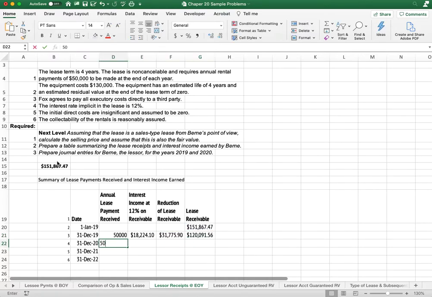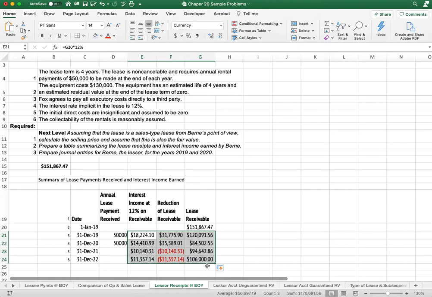And so then we can keep doing the same thing, and really we should actually be able to pull the rest of this row down. And let's make sure once we put our 50,000 in here, that it works out.